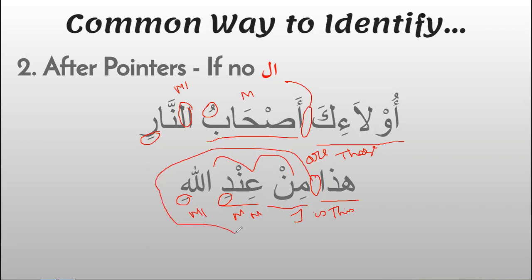These are bunched together. Whenever you find a connection, that means they are bunched together. So hada min indillah means this is from near Allah. Basically, it's telling that this is from Allah.